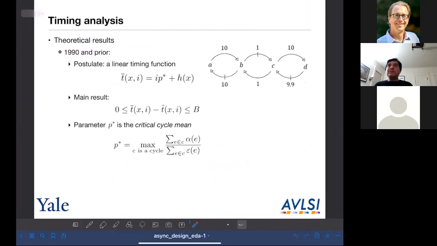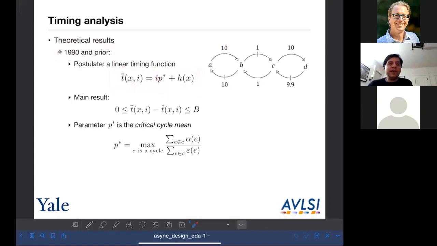So it turns out that there are some theoretical results that have been independently discovered by 3 different communities, one of them being the pure mathematicians. Roughly at 1990 and prior, basically the following analysis was done. You have some complicated timing graph with these cycles and ticks and delays. Now, there was a postulate that says let's assume that the circuit's periodic. Let's say that the ith occurrence of x occurs at i times p, think of this as my cycle time, plus some offset that doesn't depend on i, right?